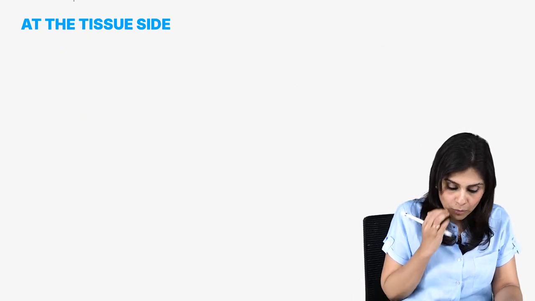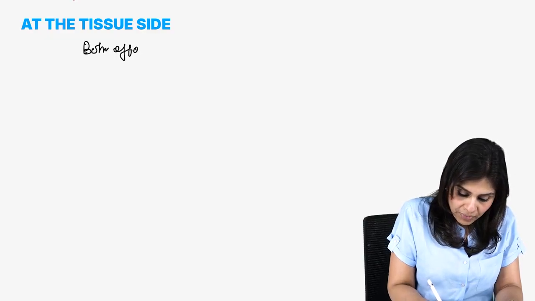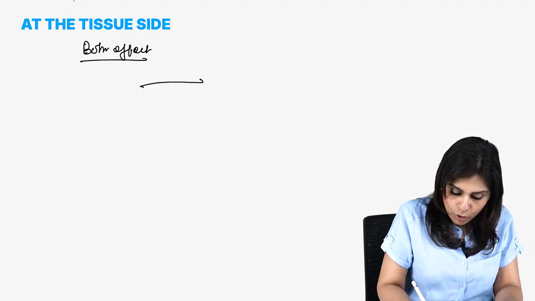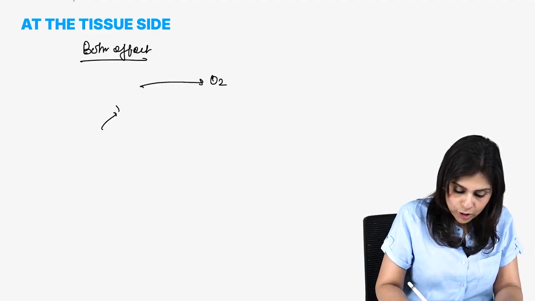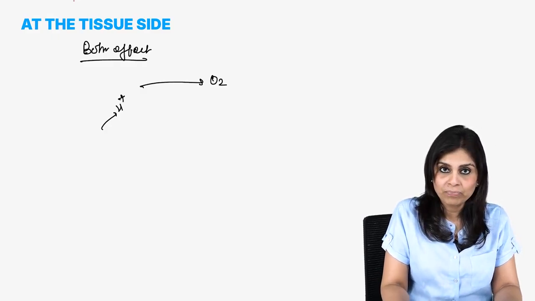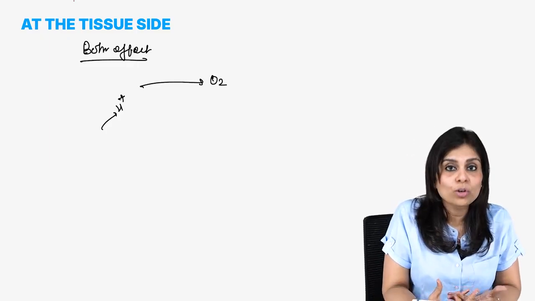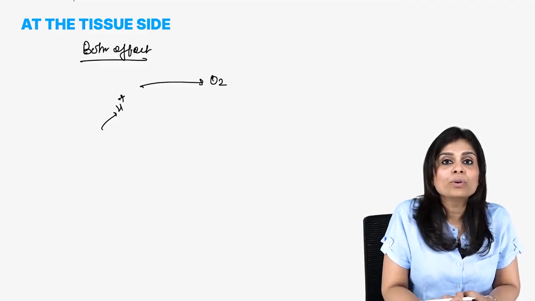So all of you tell me, what is Bohr effect? Bohr effect is reciprocal binding of oxygen and H plus. After oxygen leaves, hemoglobin binds hydrogen ions. So that's called the Bohr effect.